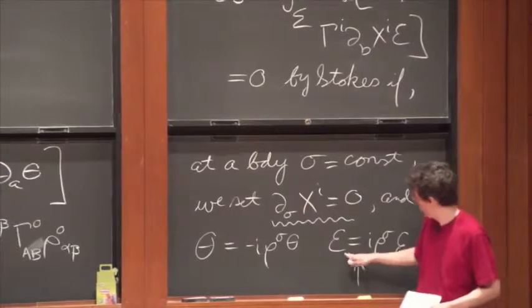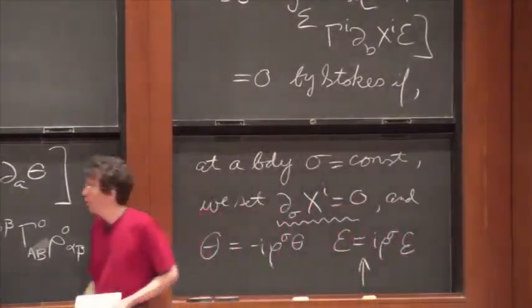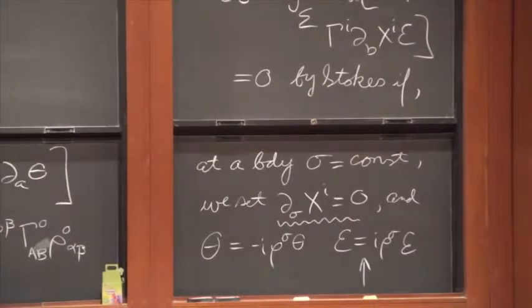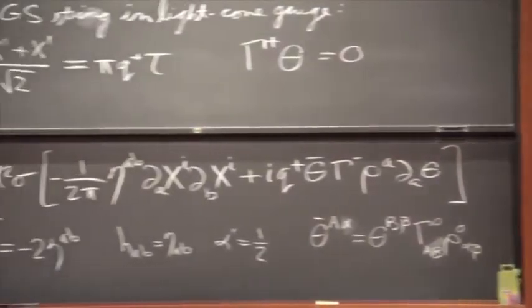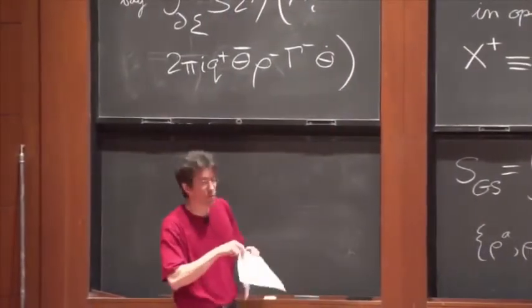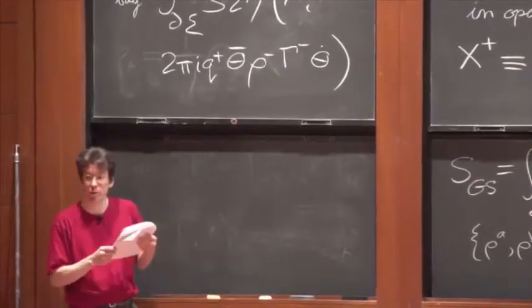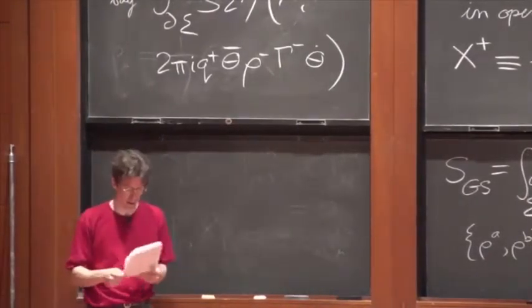In other words, this condition shouldn't depend on what kind of boundaries you have on your string worldsheet, whether they have finite endpoint momentum or not. Okay, so that is a good place to pause and ask if there are any questions on this slightly technical subject.